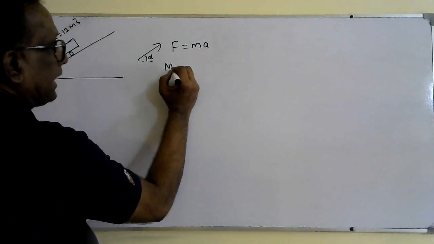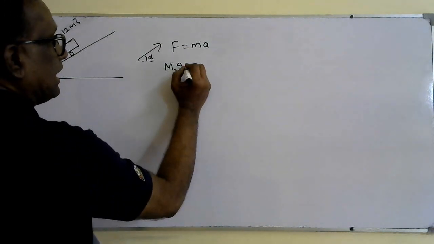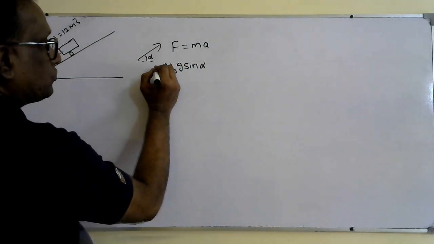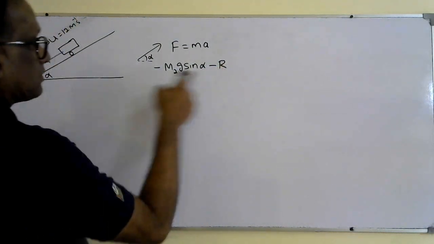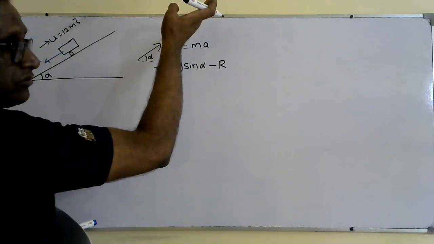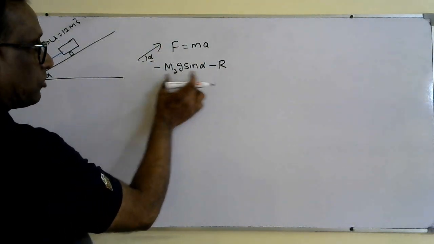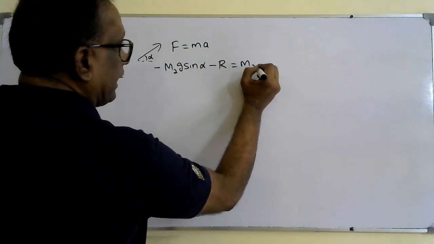Earlier I used m2 for the mass of the trailer, still I'm using m2 g sin alpha, that is downwards, so minus. Also R is downwards, minus. Motion is upwards, so I'm using this equation along the direction of velocity. So these two forces are opposite, we get minus minus equal to m2 a.